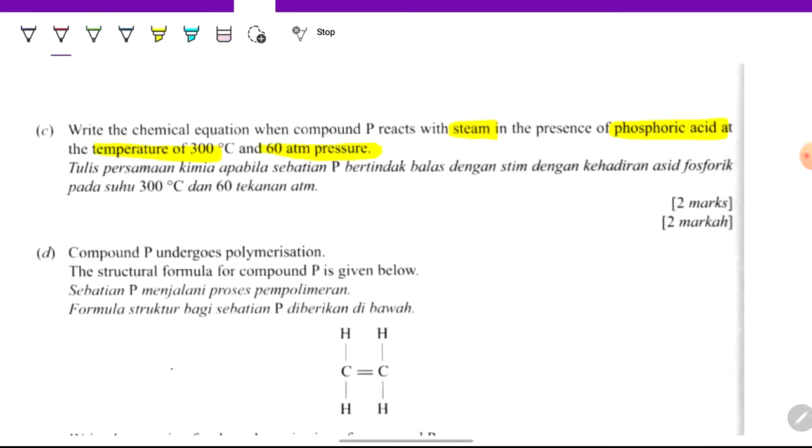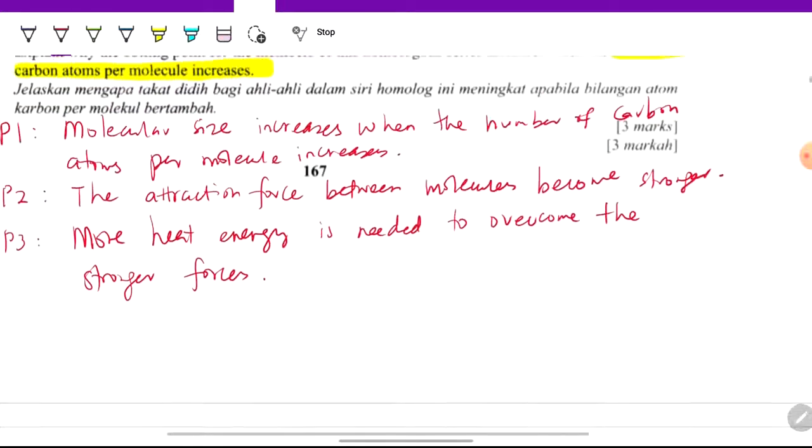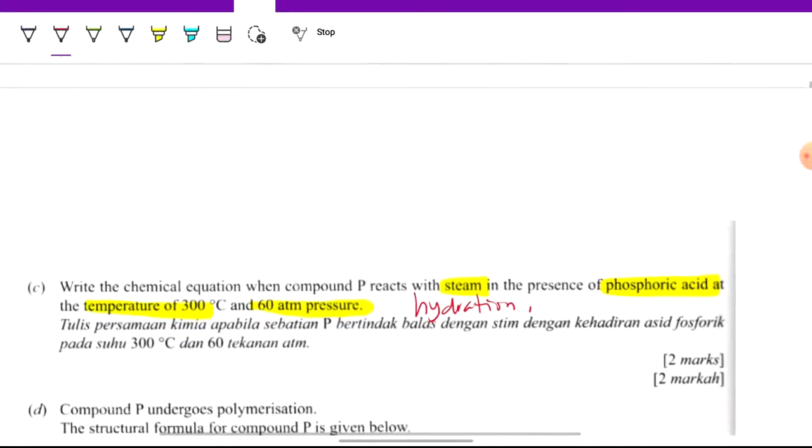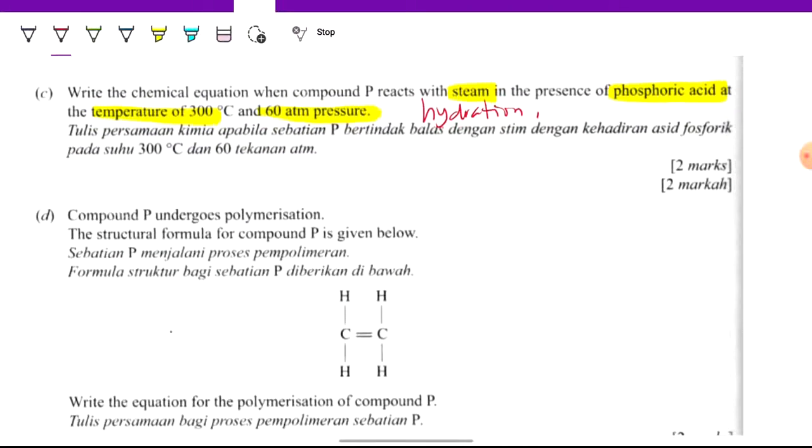Okay, so we know this is hydration. So this is the hydration process. So let's see compound P. Compound P is C2H4. Okay, so let's write the chemical equation.